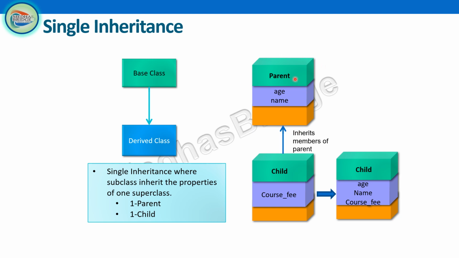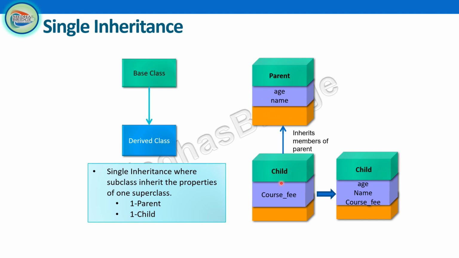We have a parent class that has two attributes, age and name, and we have a child class which inherits from the parent class, meaning we acquire some properties from the parent class. Let's suppose we are trying to acquire age and name from the parent class into the child class.